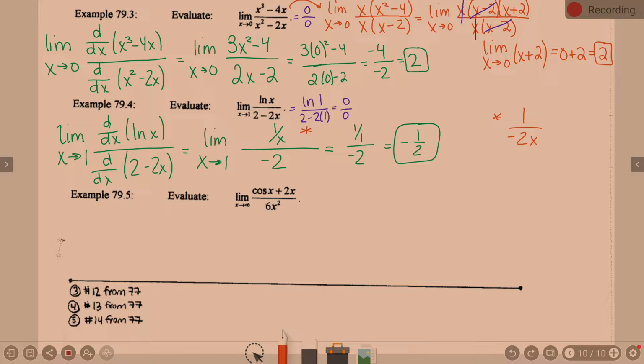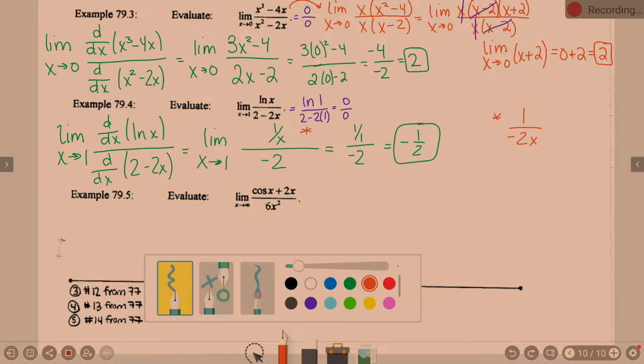Okay, example 5. Evaluate the limit as x approaches infinity of cosine x plus 2x over 6x squared. What are we going to do?